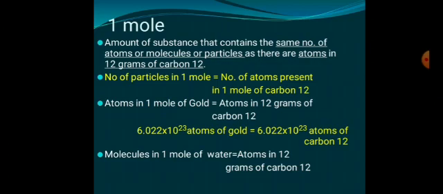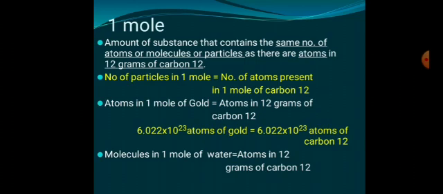Let us see the scientific definition of 1 mole. Amount of substance that contains the same number of atoms or molecules or particles as there are atoms in 12 grams of carbon 12. Let us break this definition into two subparts. Number of particles in 1 mole and number of atoms present in 1 mole of carbon 12.